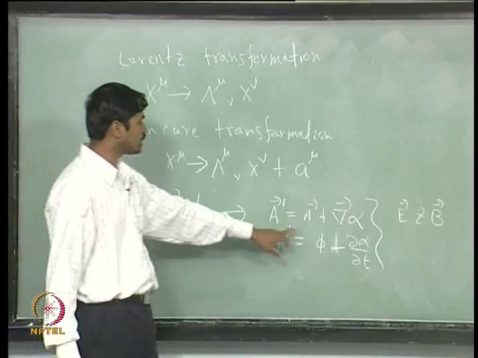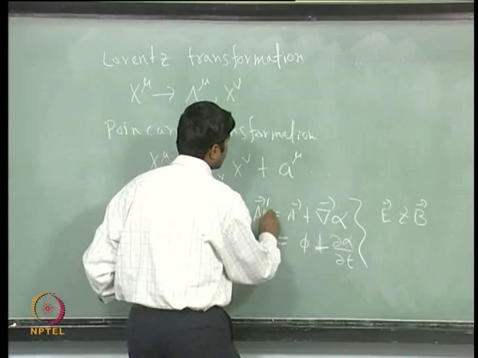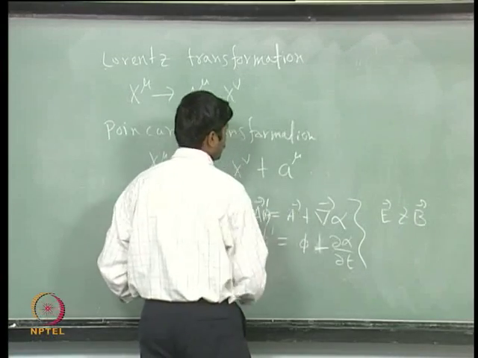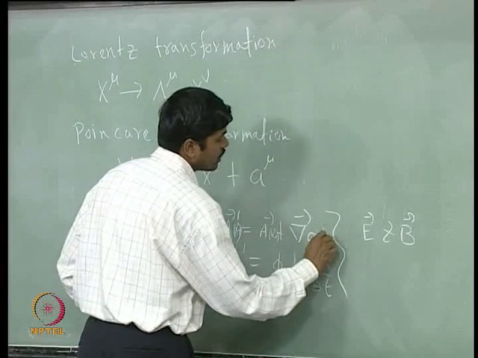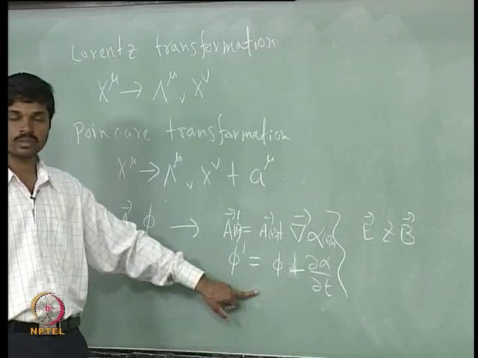This transformation does not depend on the space time parameter. It happens at the same spatial point at the same time, x and t. This is known as the gauge transformation.